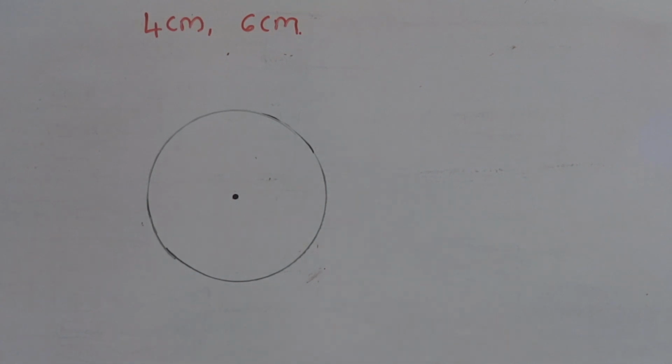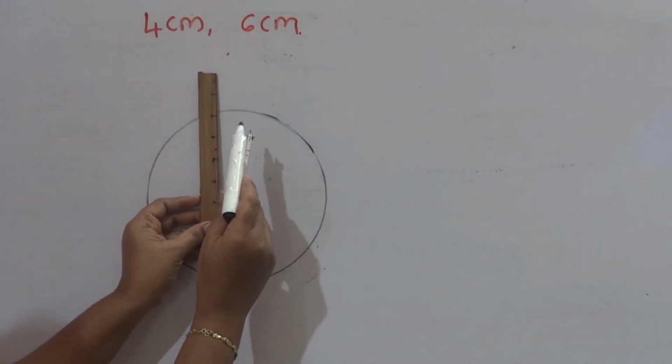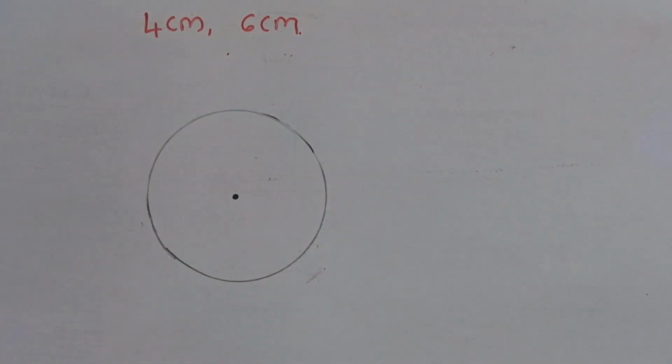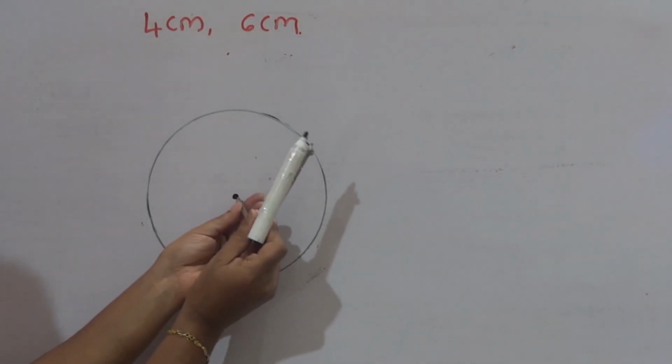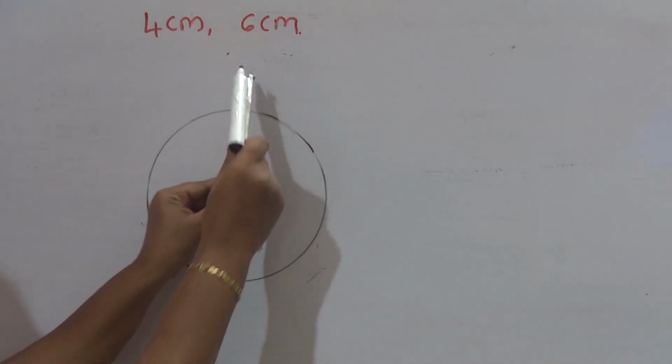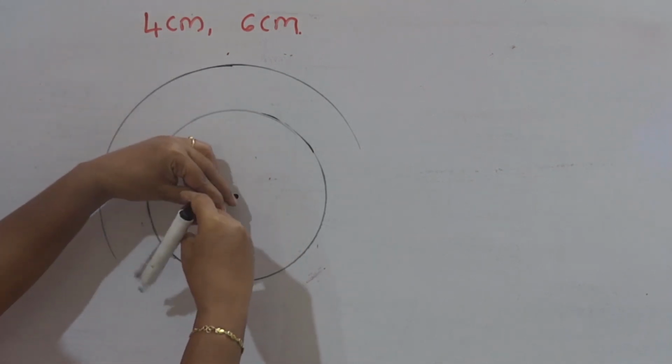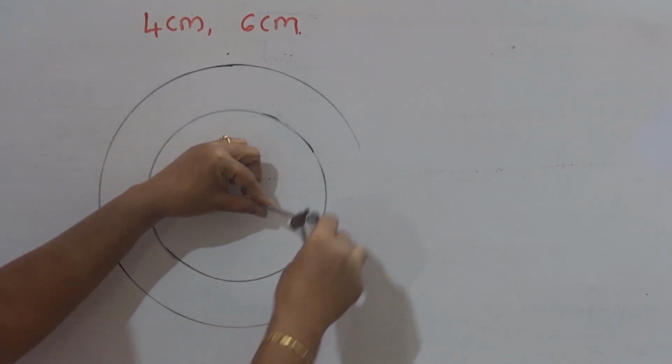Similarly, we have to draw one more circle. That circle should have the radius 6 cm. Let me measure the radius 6 cm here. This is 6 cm. This is a circle of radius 6 cm.